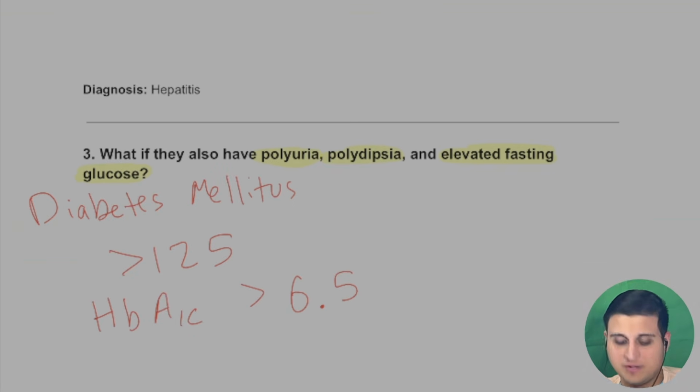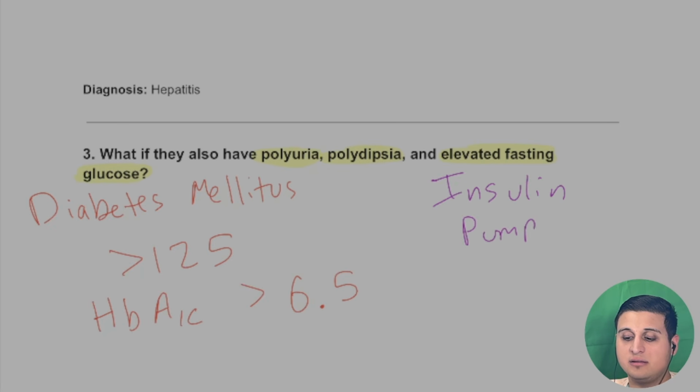Okay. So in this case, we're thinking diabetes, right? A1C greater than 6.5. We want to give them medications, depending on if it's an adult or a child. If it's a child, that means they likely have the autoimmune version or they just can't make insulin in general. So we might want to give them insulin, and some sort of continuous pump, right?